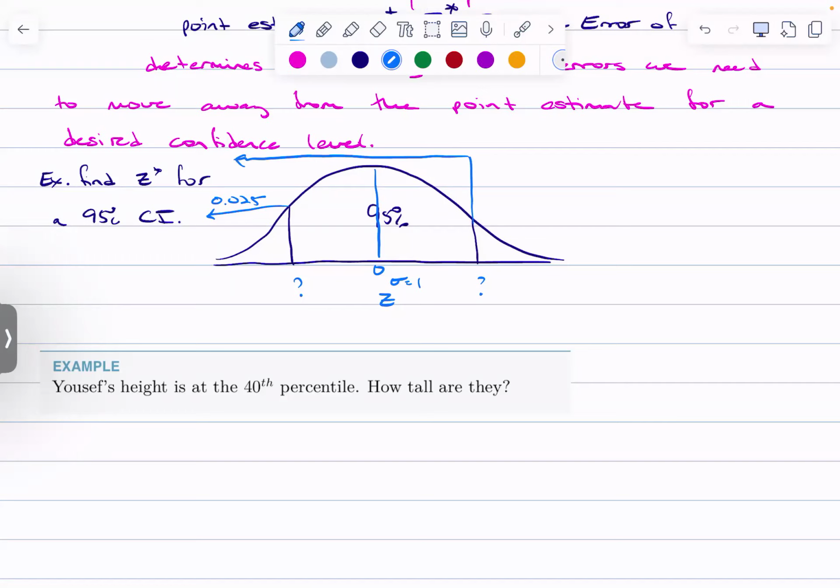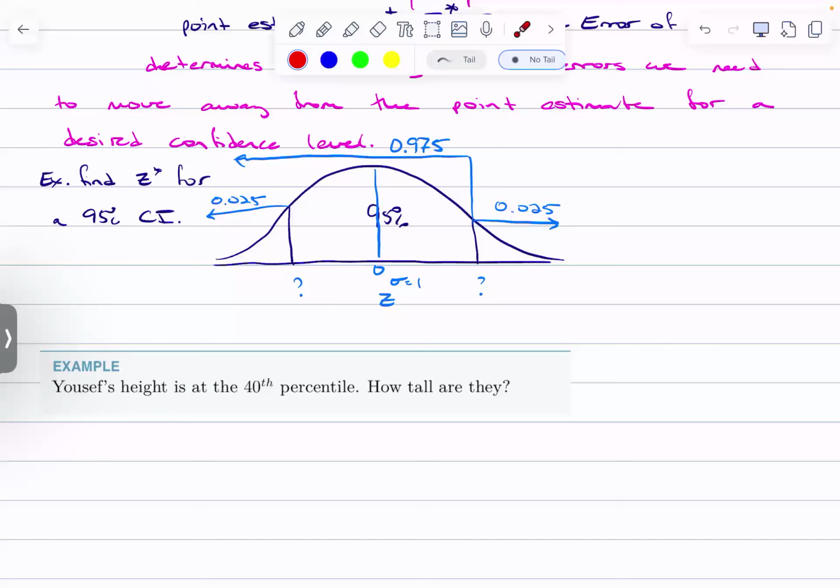We can always take the total area of 1 and subtract it. And so this becomes 0.975: you've got the central 95 plus the 0.025, which puts you at 0.975 to the left. But we also know that this should be 0.025, and we know that these two need to add to 1. So we've got lots of tricks up our sleeves.